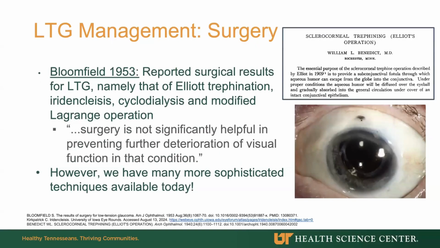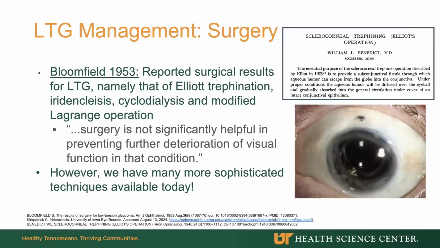So, before we get into the surgical management, I thought it would be interesting to bring up some of our medical history. I found this report by Dr. Bloomfield in 1953, where he reported the surgical results for low tension glaucoma, namely these mostly unused procedures, which included the Elliott trephination, iridencleisis, cyclodialysis, and modified Lagrange operation.